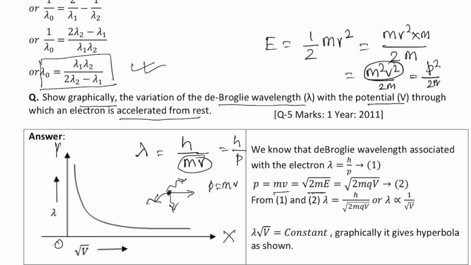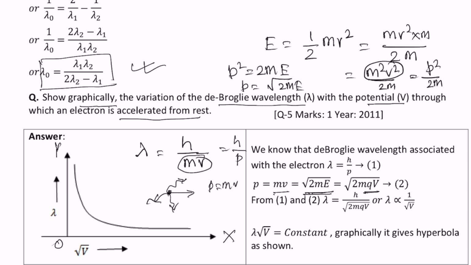So p square is equal to 2m into E, and p is root over 2mE. What is E? E equals charge into potential, q into V, which is the energy.